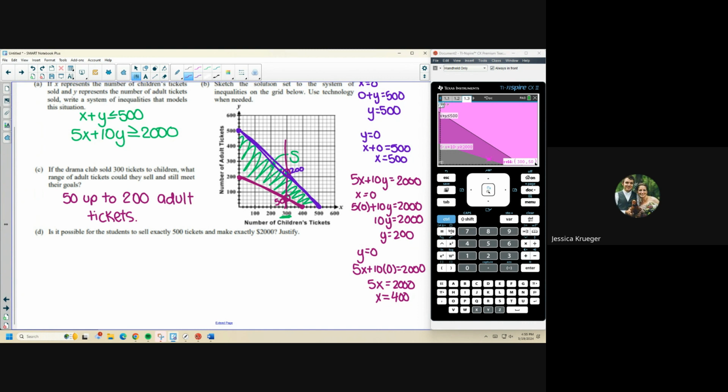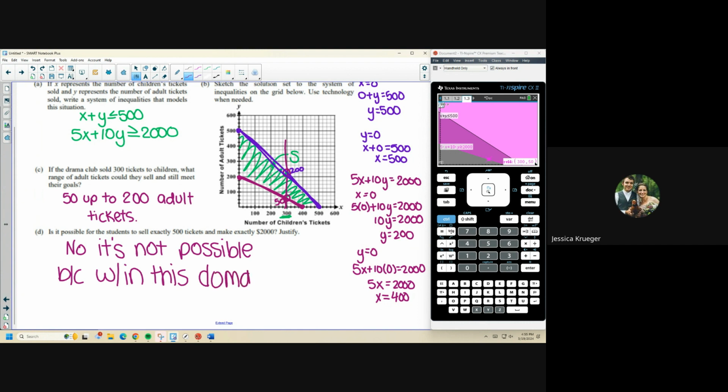And within this area, they do not intersect. So no, it's not possible, because within this domain, the lines do not intersect.